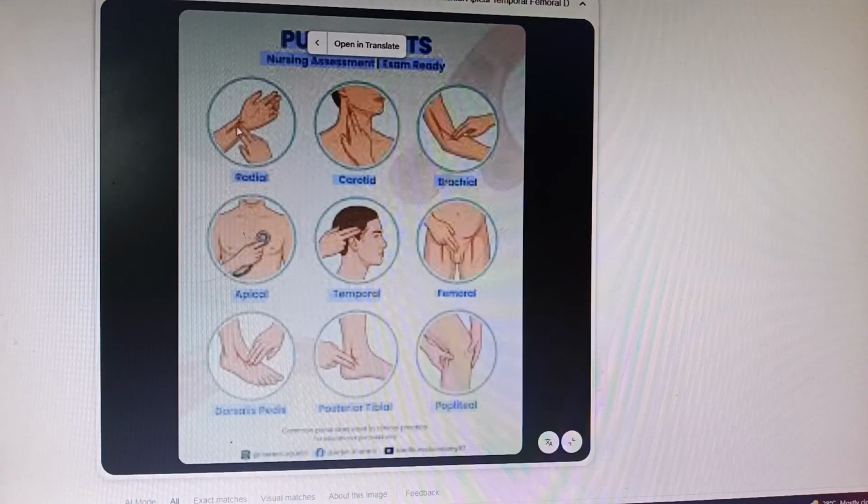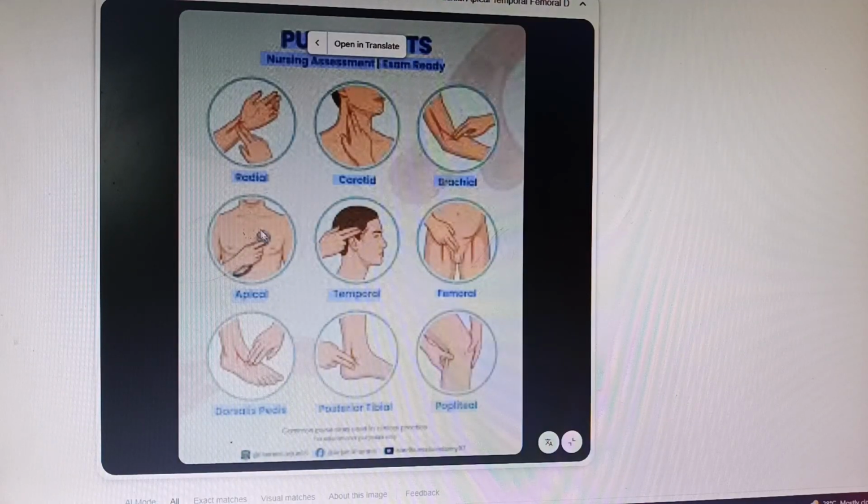The radial pulse we check just below the palm of the hand, near the line of the thumb. Next one is the carotid artery, in the neck region. Next is the brachial artery, on the front side of the elbow joint.